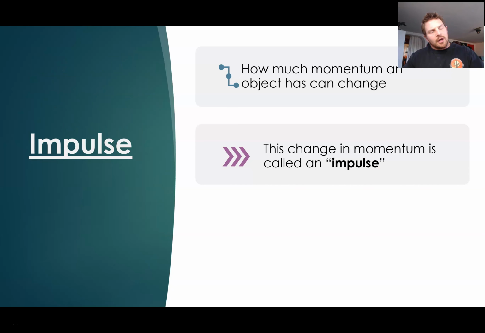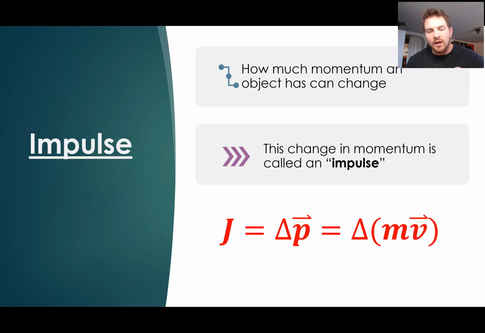Another important piece with this is impulse, and impulse has to do with how much momentum changes. So momentum is a quantity. It can change, and anytime there is a change in momentum happening, we call this an impulse. Impulse is usually denoted as a capital J. It's really important to remember this symbol, capital J, is actually not on the AP Physics 1 formula sheet.